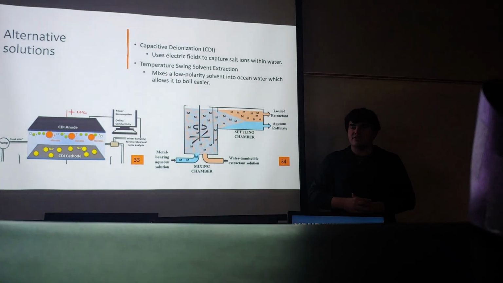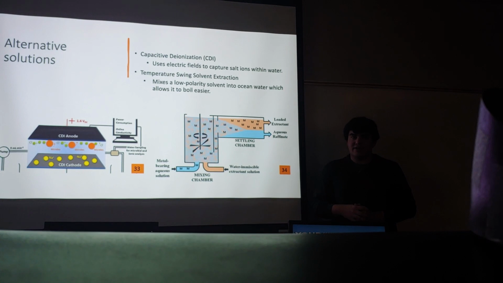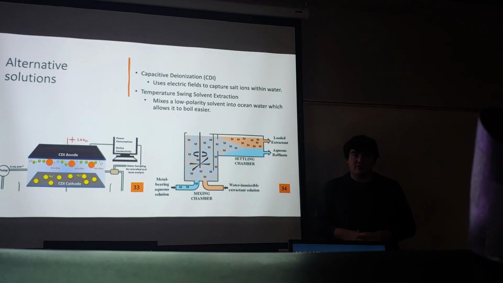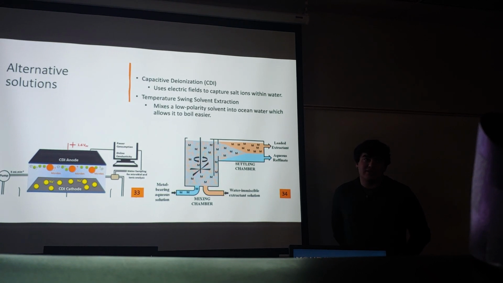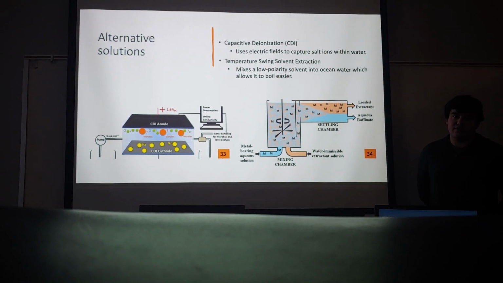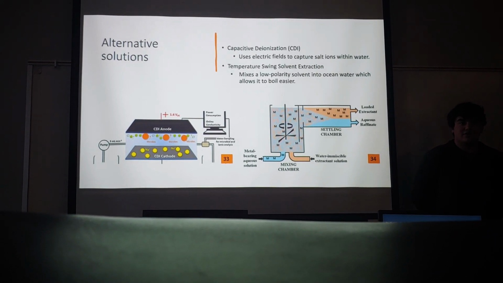This process uses electrical fields in order to separate the salt ions out of the water, but does this by manipulating the different electrical charges found within salt ions and the charges found within water.